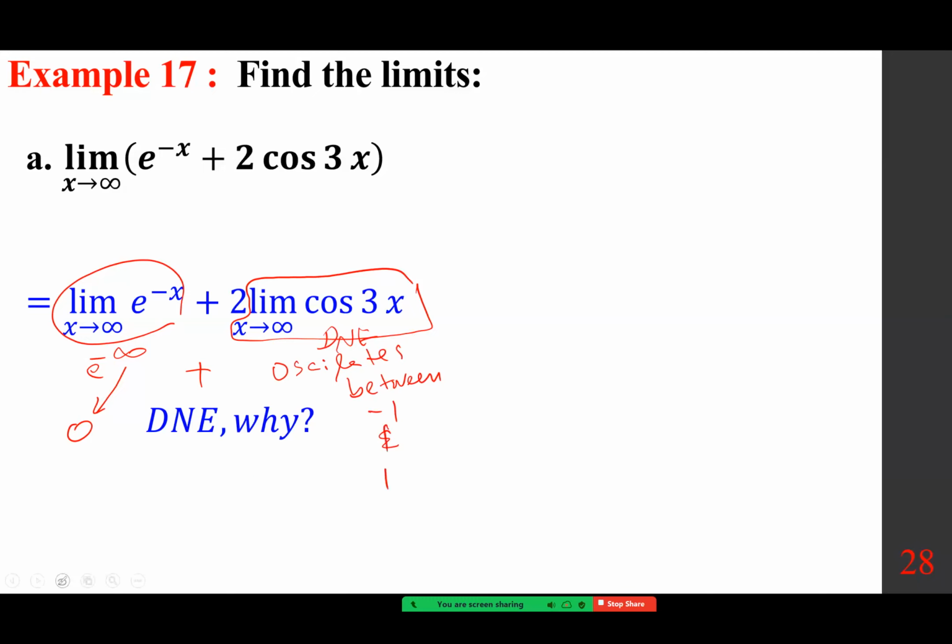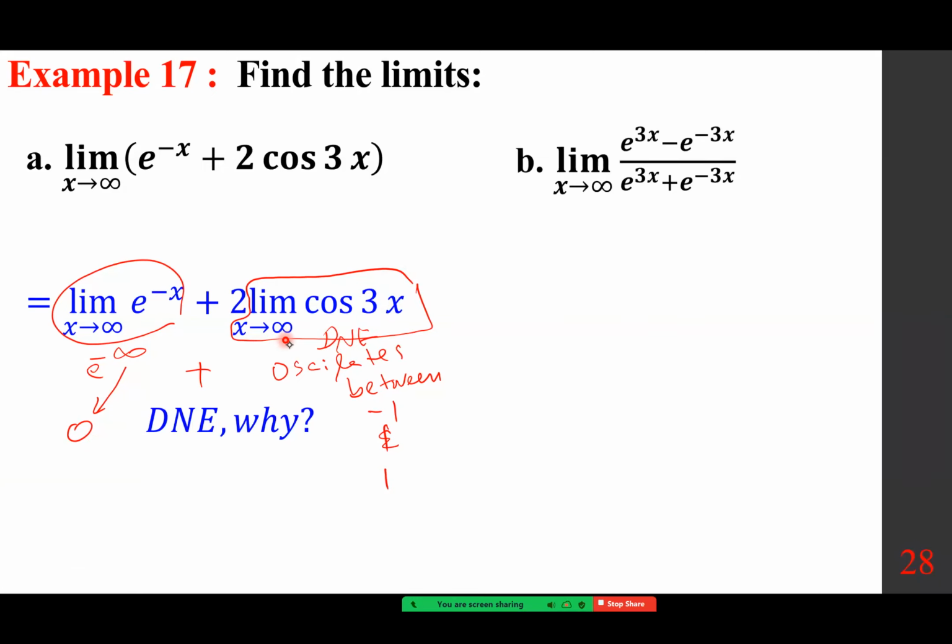As you recall, the range for a cosine function is negative 1 to 1. So it's always between negative 1 and 1. So the limit of cosine, or sine, doesn't matter what the argument is, as x approaches infinity, does not exist. And that's the reason.